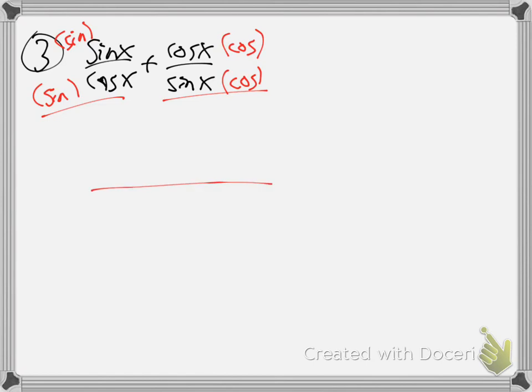Common. It doesn't matter what order, you put cosine first and sine, whatever. What's the top? Sine times sine, sine squared. Cosine times cosine, cosine squared. Good so far? All I did there was common denominator. That's pretty typical. Whenever you have two fractions added, do common denominator.